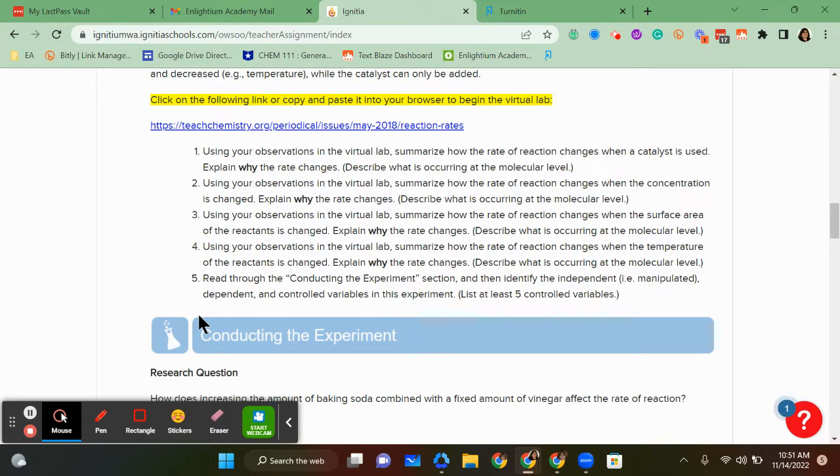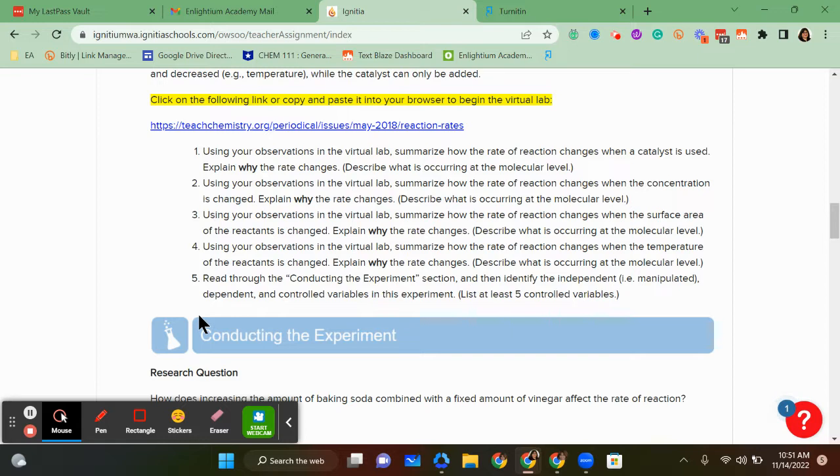So remember that for each one of those questions 1 through 4, you should have 2 parts. One of them where you explain what is happening to the reaction rate, and then the second part, what is happening at the molecular level.